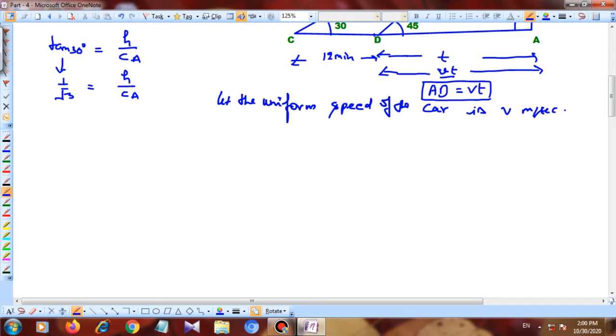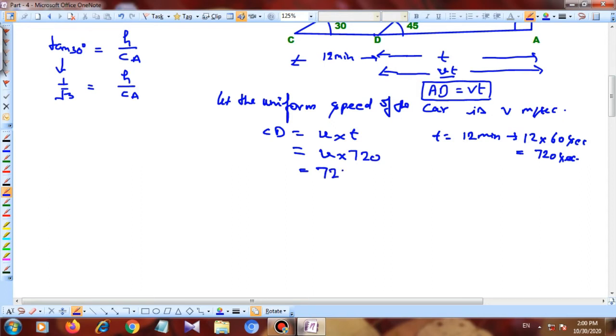Then CD distance equals speed into time, but time is given as 12 minutes. So convert minutes into seconds, multiply by 60, then it will become 720 seconds, right? So CD equals V into 720, means 720V meter.